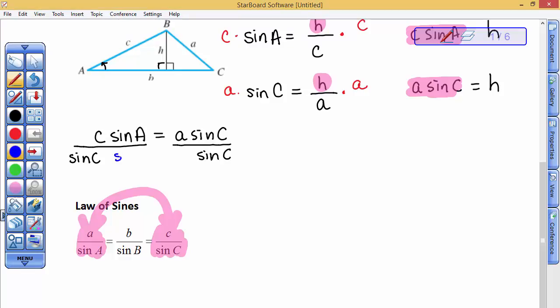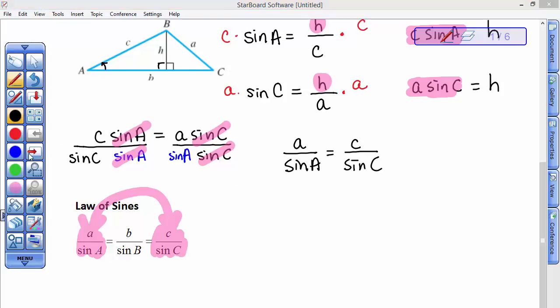Then I'm going to divide both sides by the sine of angle A. And as a result, this cancels out on the left side, this cancels out on the right side. And I have a statement here that says A over the sine of A will always be equal to side C over the sine of C. It works for a right triangle, but now it's good for any triangle because angle A was not a right angle, angle C was not a right angle, so I'm no longer talking about angle C as a right angle in that right triangle. So let's go ahead and solve a problem.